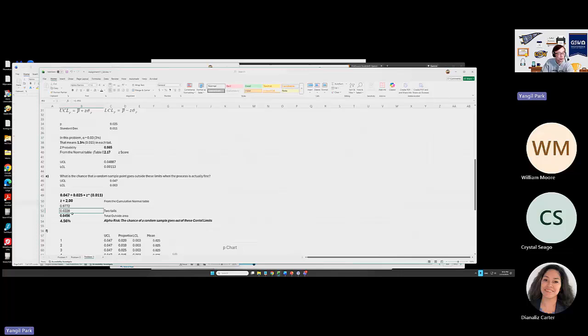Then you find 0.0228. Then you multiply by 2, and that's what the alpha level looks like, which is 4.56%. The chance of any random sample going out of those control limits. So which is pretty low, 4.56, because that's what the question asks. You find the alpha level that might go out of those control limits.